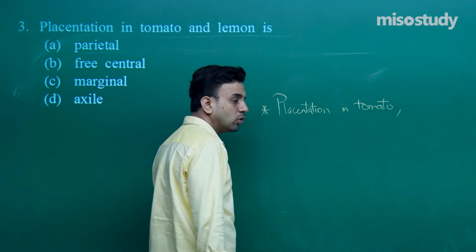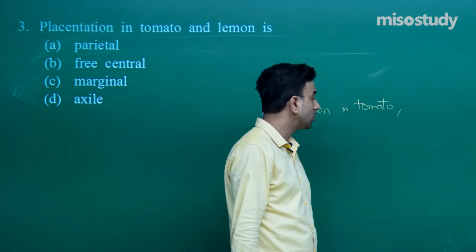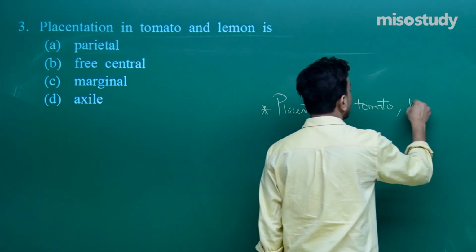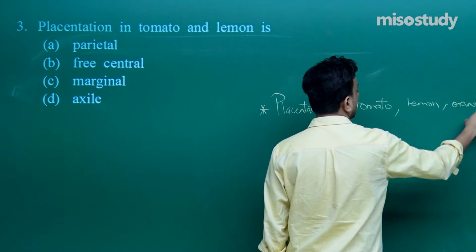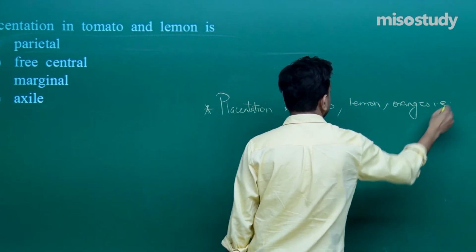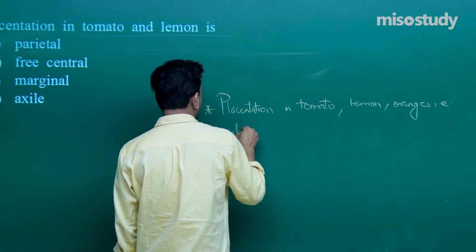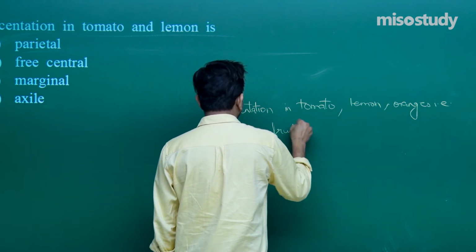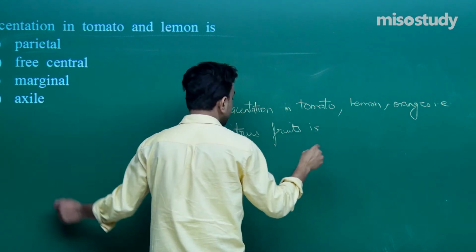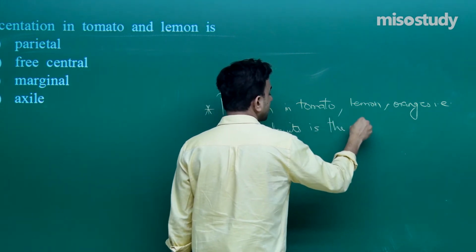That is basically citrus fruits mostly, in tomato, lemon, oranges, that is the axile placentation.